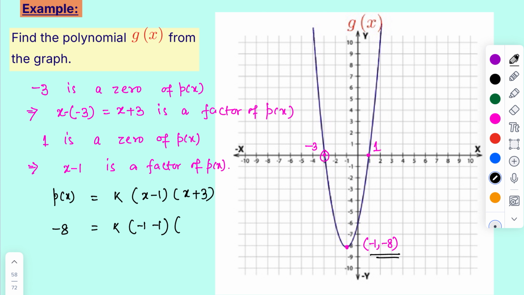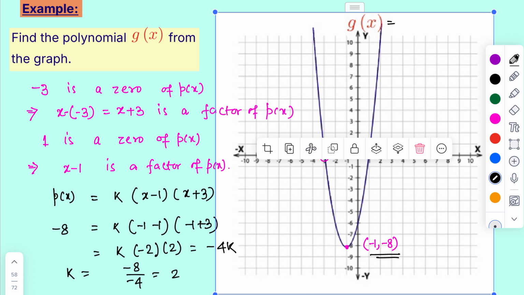P of x is equal to minus 8, that is equal to k into minus 1 minus 1 into minus 1 plus 3. So this is equal to k into minus 2 into plus 2, that is equal to minus 4k, or k will be equal to 2.